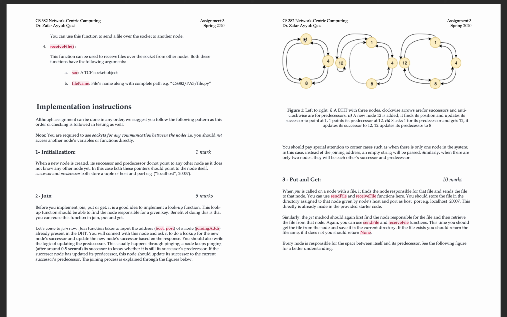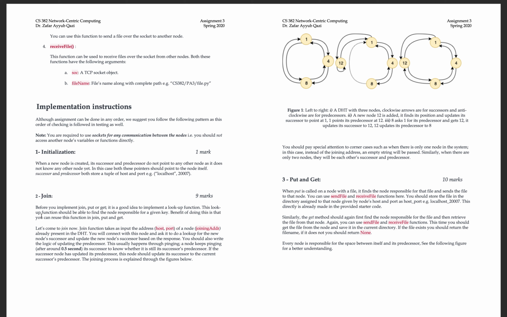I can ask this node to look up key 7. It will ask its successor, which is 4, whether key 7 lies in its key space. Since 7 does not lie between 1 and 4, it will pass on the query to its own successor, which is 8, and then 8 would see that 7 should ideally lie between itself and its predecessor. So node 8 is basically responsible for key 7. So this is what I mean by a lookup function.